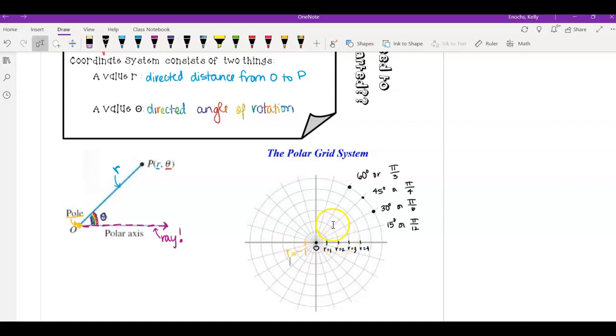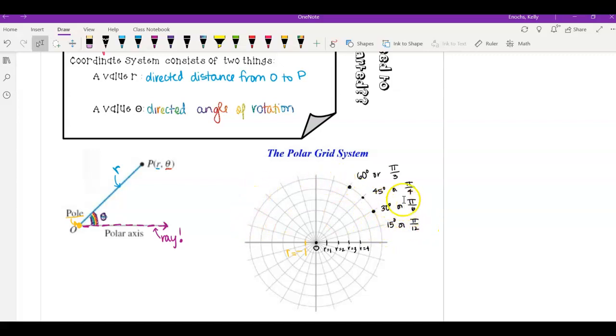And then each of your theta values are split up into 6 different groups per quadrant, or 12 different groups for the semicircle. So if you count from what we would normally start at as 0 degrees all the way to pi, then you'll find out there's 12 different sections. That makes each of these lines pi over 12, or 15 degrees.